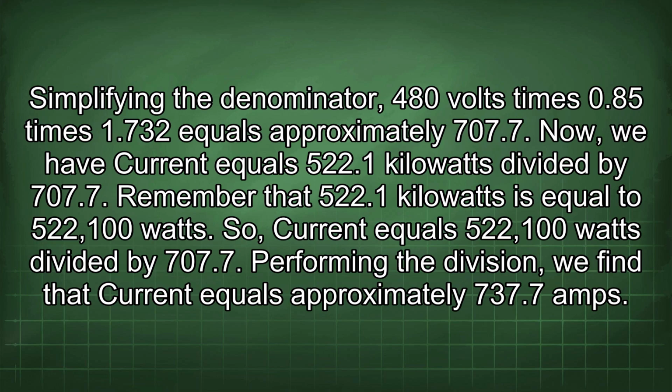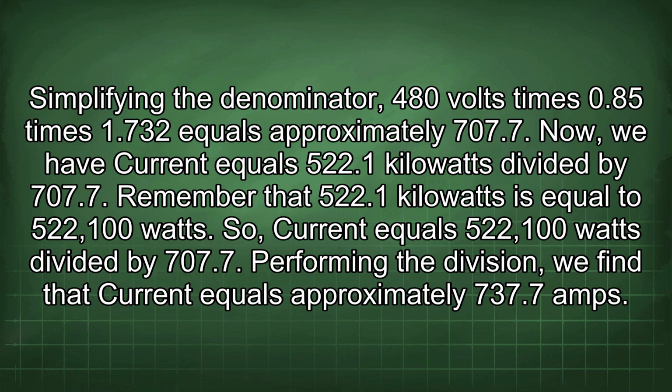Simplifying the denominator, 480 volts times 0.85 times 1.732 equals approximately 707.7. Now, we have current equals 522.1 kilowatts divided by 707.7. Remember that 522.1 kilowatts is equal to 522,100 watts.